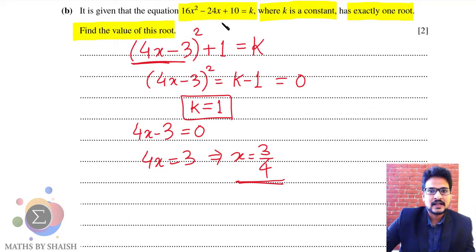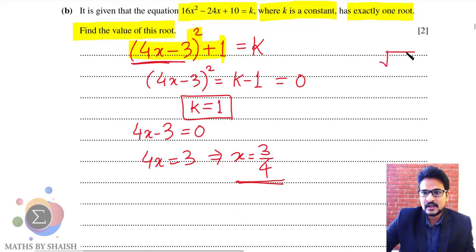So if it has exactly one root, and the left hand side is (4x minus 3) whole squared plus 1, then we can get the square root as 0 and only then we get one root. Otherwise, any positive quantity under the square root will give us a root value other than 0, so we will not get exactly one root.